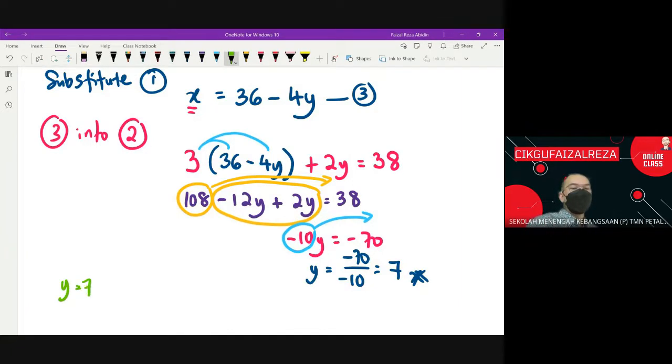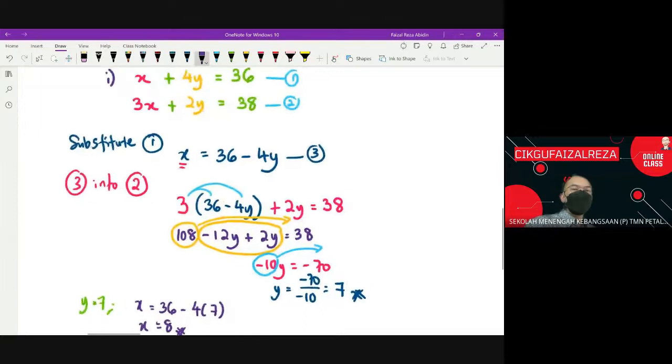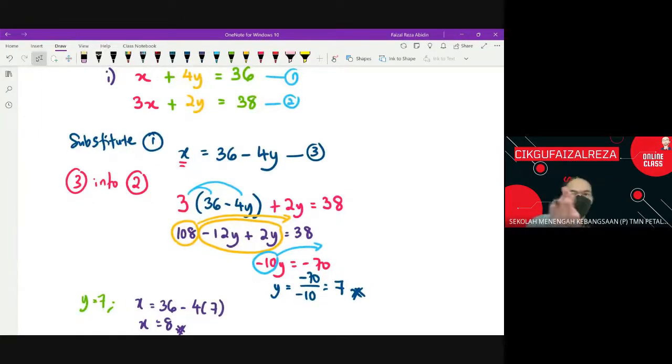y equals 7. I'm going to substitute into our third equation. So 4 times 7, you are going to get 28. So 36 minus 28, my x here is going to be 8. If you substitute into any of our linear equations just now, you are going to get the same values, 36 and 38. x is 8 plus 4 times 7.